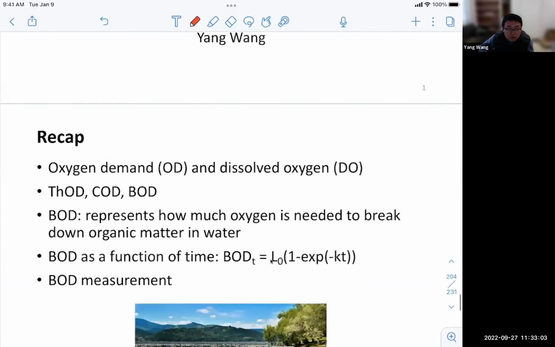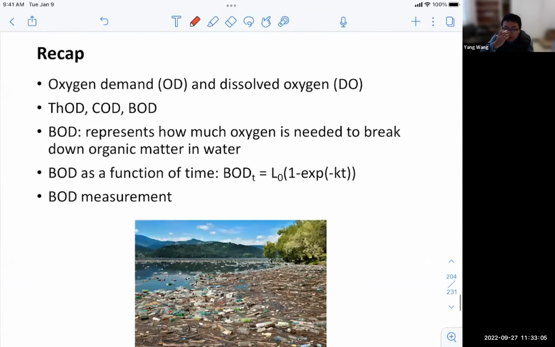If we do a quick recap, last class we started with the oxygen demand and dissolved oxygen, that's OD and DO. For dissolved oxygen, there's a limit. It's dependent on temperature, and normally we have a maximum DO under normal temperature of, let's say, 8 to 8.5 milligram per liter, which is a very small amount.